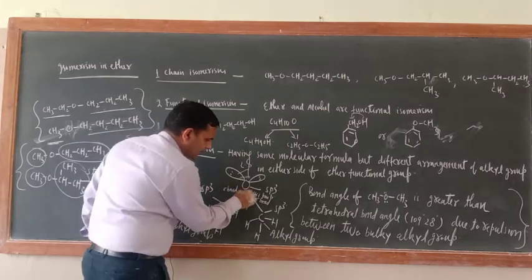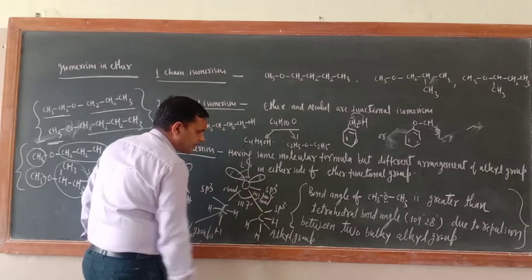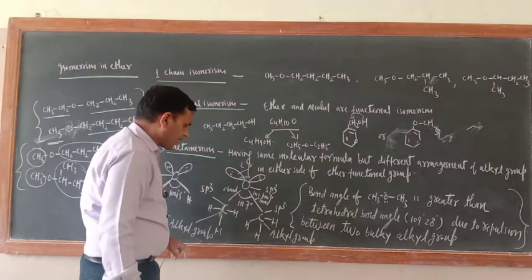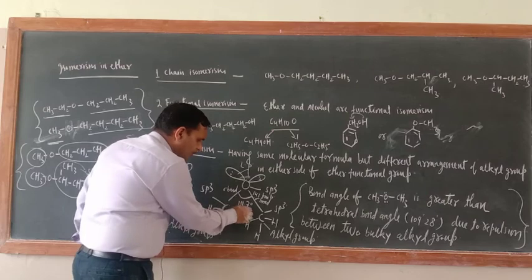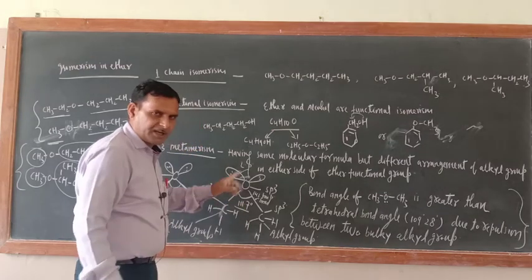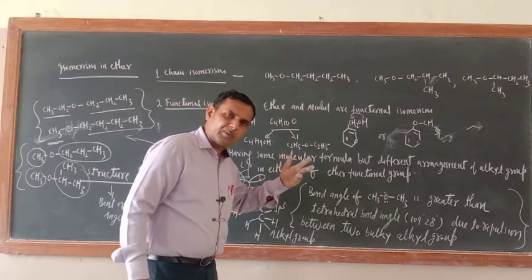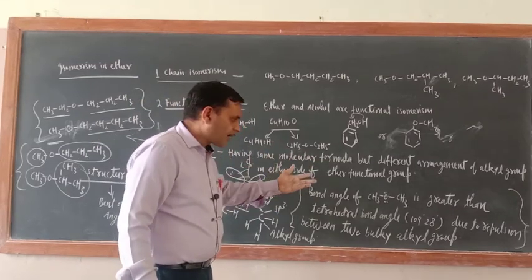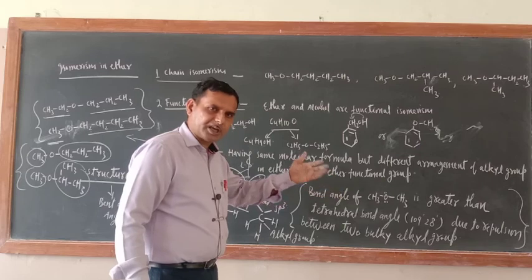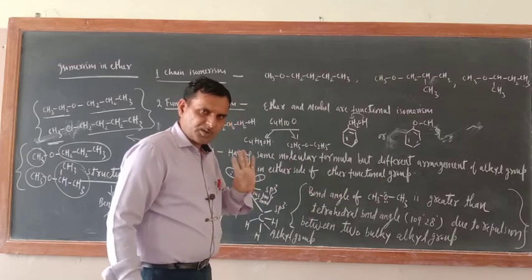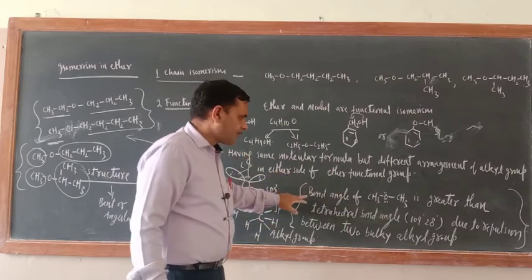Here the carbon-oxygen bond length is 141 picometer, and the bond angle is 111.7 degree, which is slightly higher than the normal tetrahedral bond angle. The normal tetrahedral bond angle is 109 degree 28 minute. Am I correct or not? So just try to understand here.